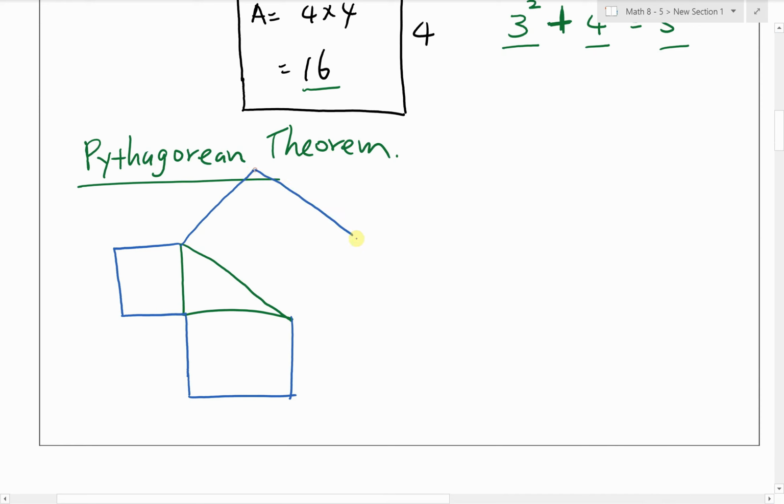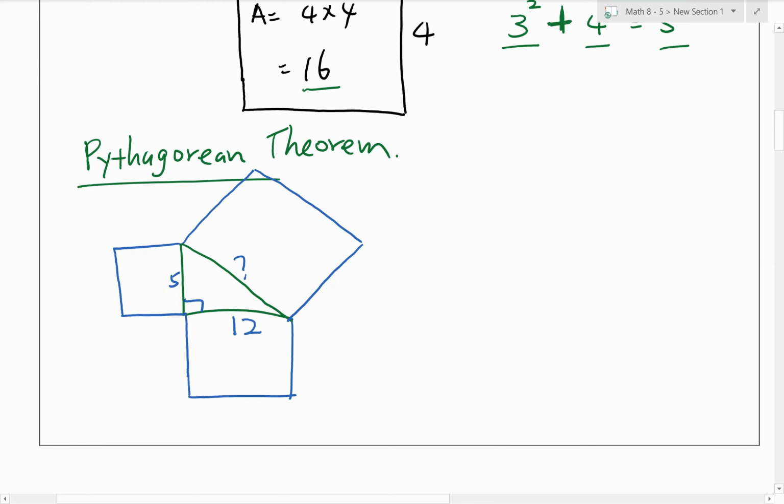And we can actually figure out this area. This is 90 degrees. If this is 5 and this is 12, then what would this side length be here?